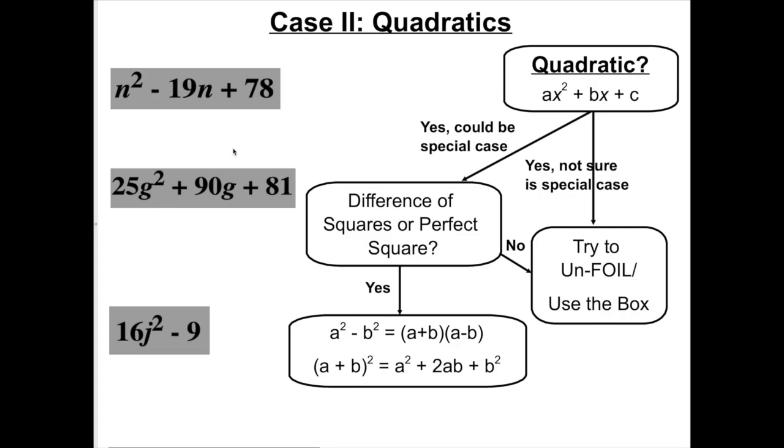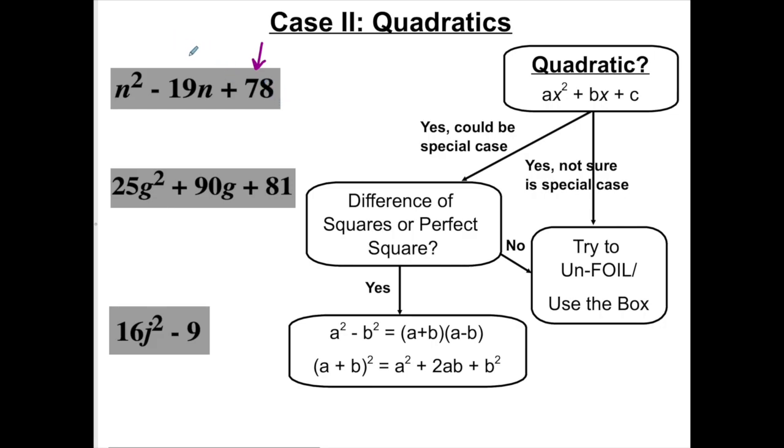So here, it depends on the scenario. Remember, we talked about a couple ways to do it. So the first thing we're going to do is look to see if it's a difference of squares or a perfect square. And these formulas tell you what that looks like. So the first one is not. I know it's not a perfect square because 78 is not a perfect square.